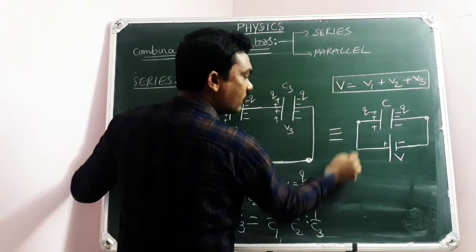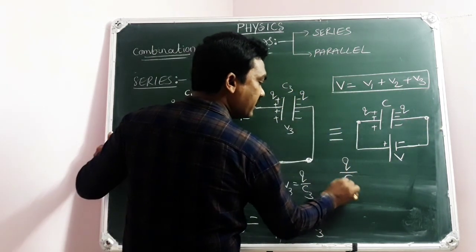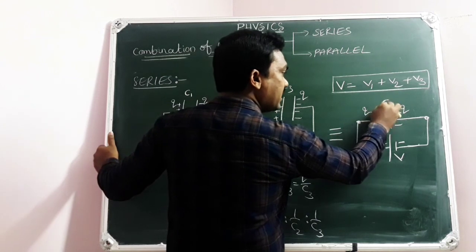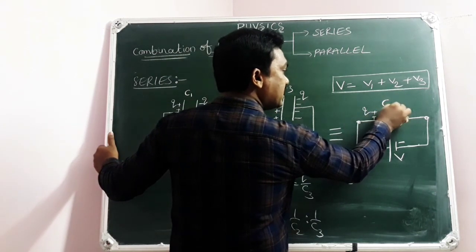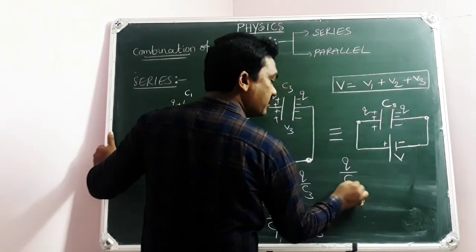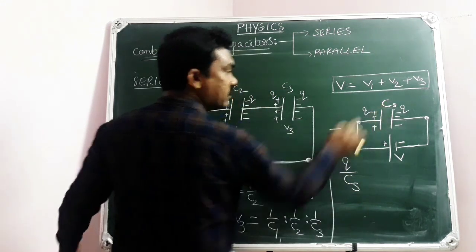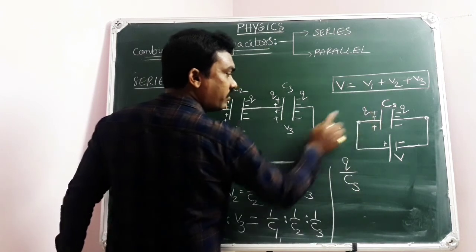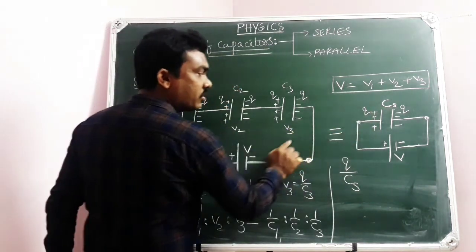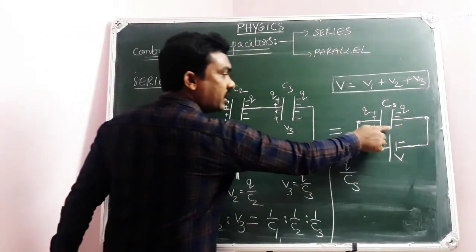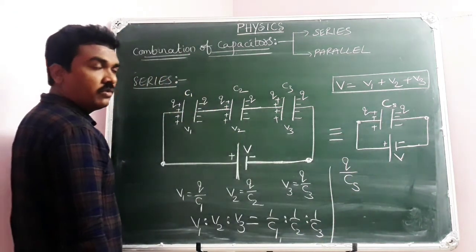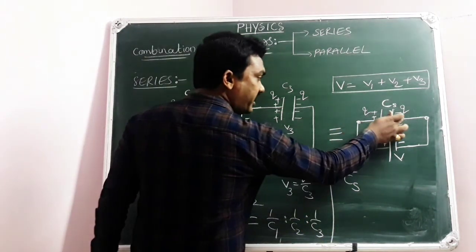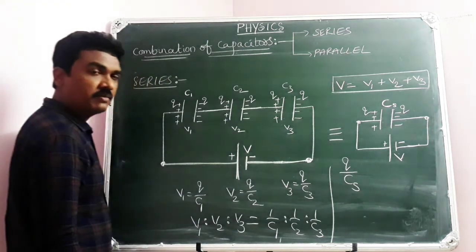So I can write V is equal to Q by C, where C is the equivalent capacity in series combination. If C is the equivalent capacity in series combination, then this will be the equivalent circuit. These three can be replaced with an equivalent capacitor, which has a charge Q on it across the potential difference V.